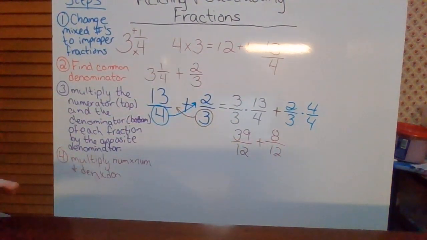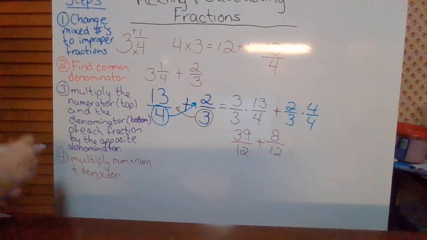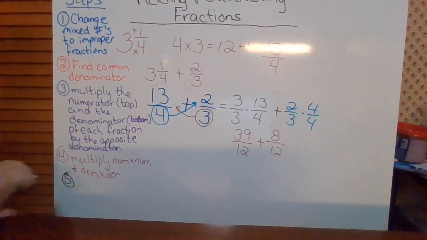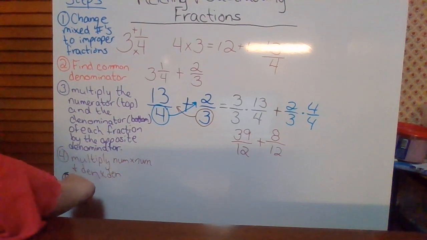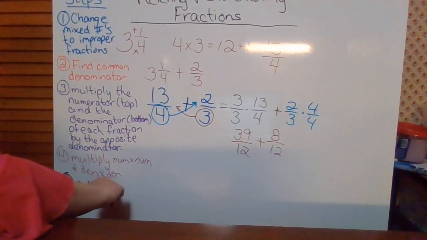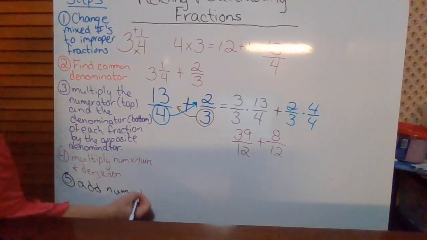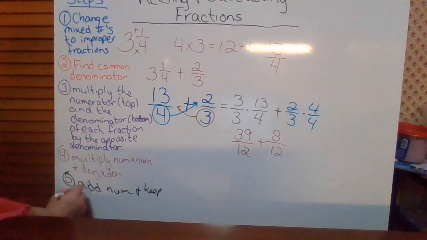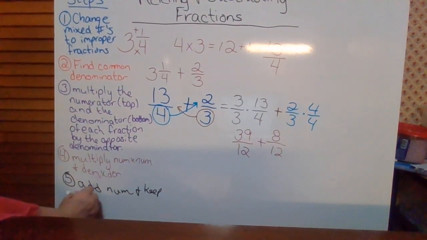Once you've done that, step 5, add your numerators. And you keep the denominator the same.